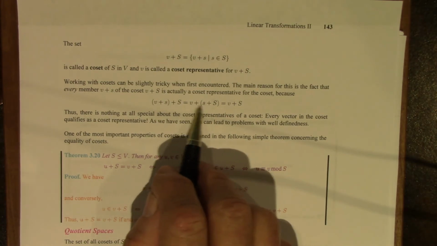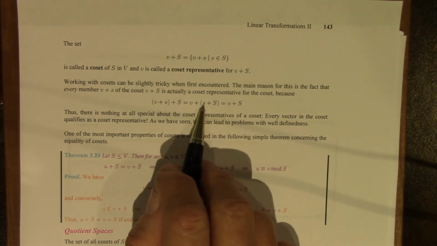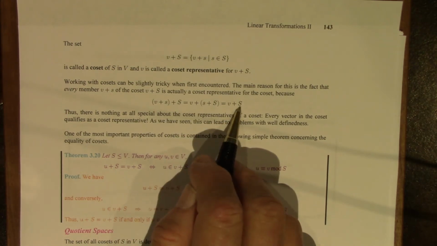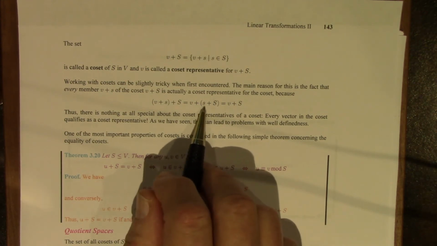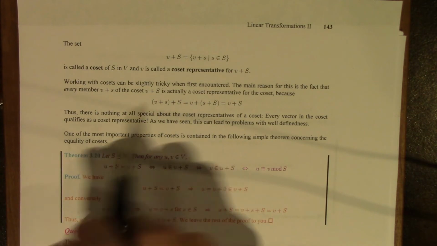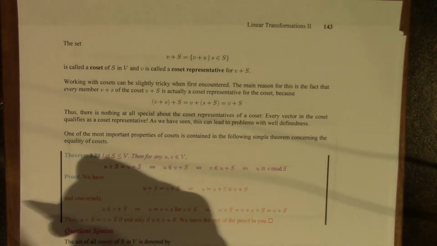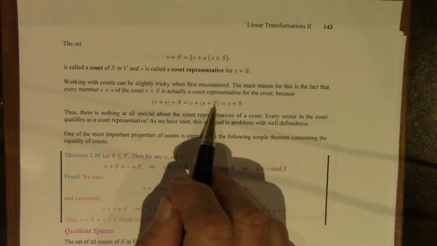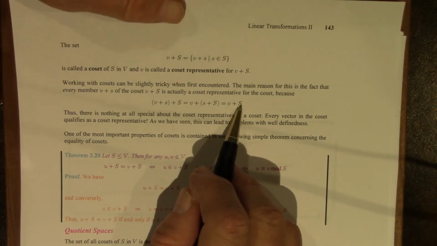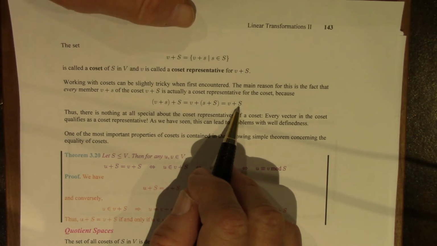I've just reassociated here. And little s belonging to capital S implies that little s plus capital S is just capital S. What you do when you add a vector in capital S to the subspace S is you just shove everything, or scramble it all internally. So you still get the subspace S. This is because S is a subspace, of course.